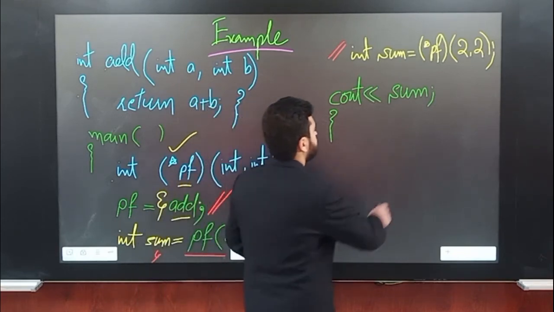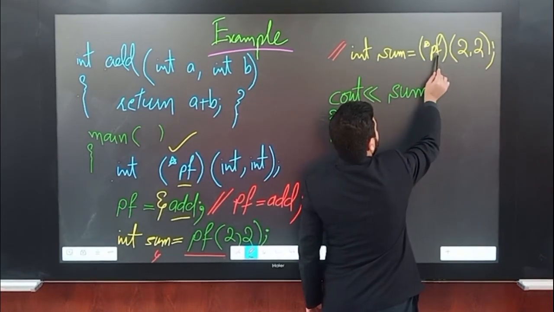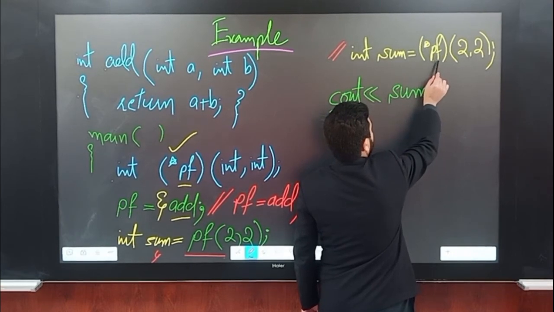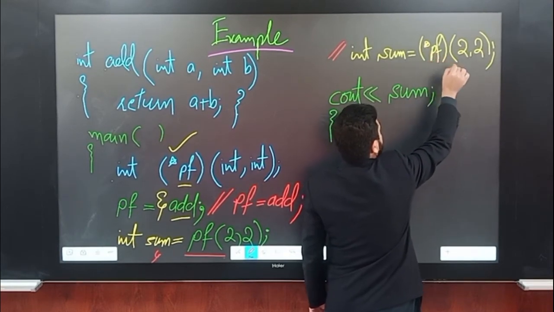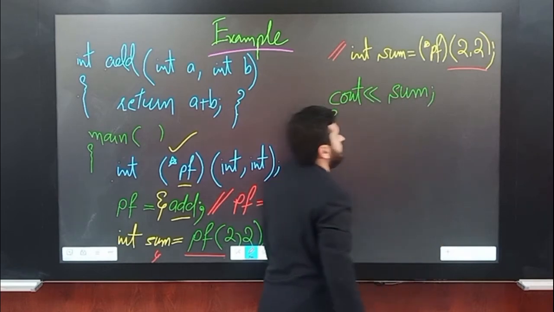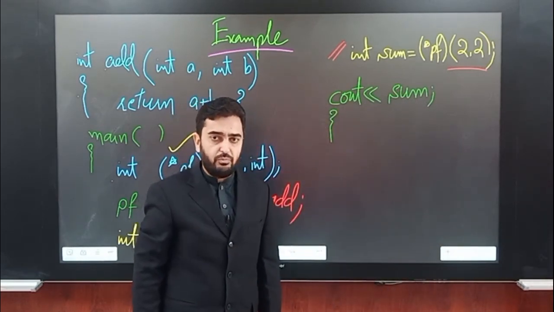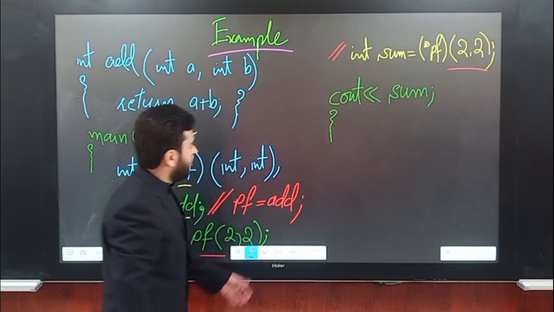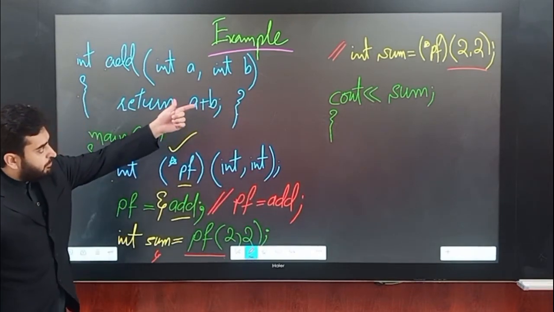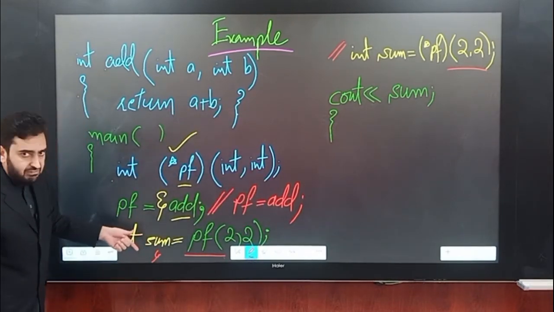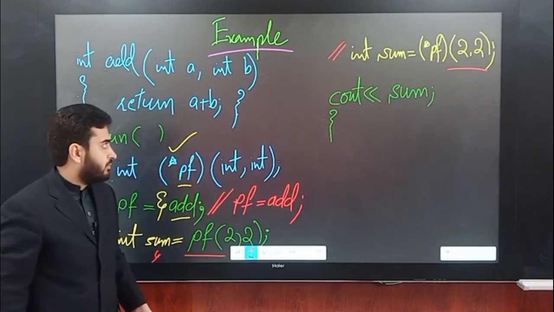Here we have used the dereference operator with the pointer name, enclosed in brackets, and then you have used the function calling syntax passing two arguments of type integer. So both syntaxes are legal and you can use them in your programming.